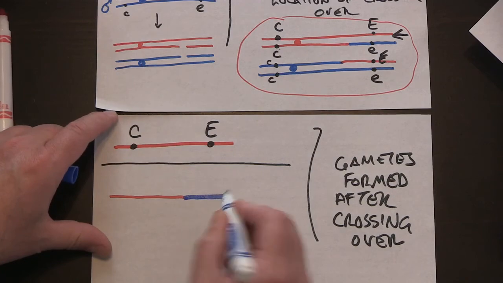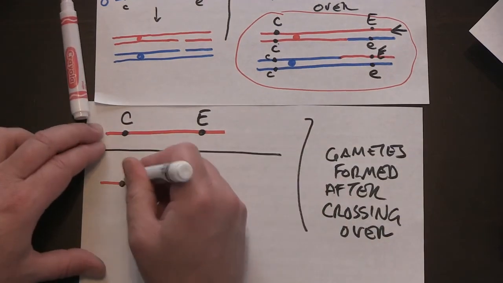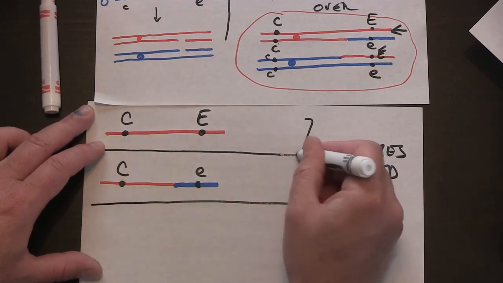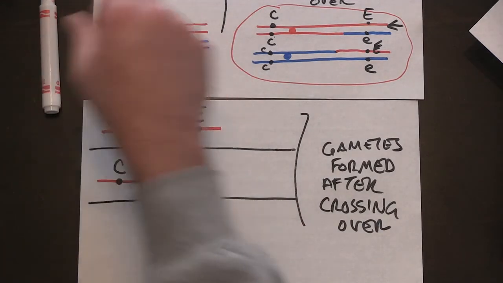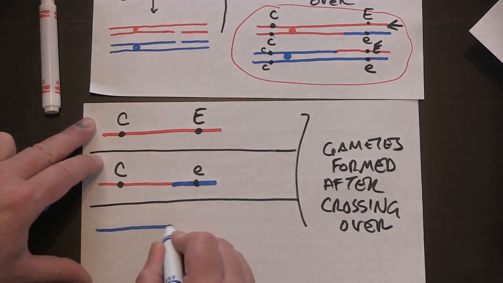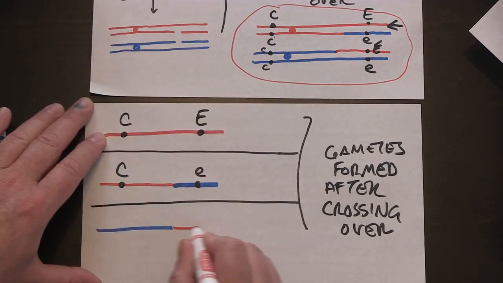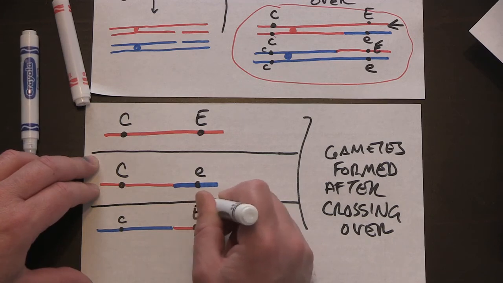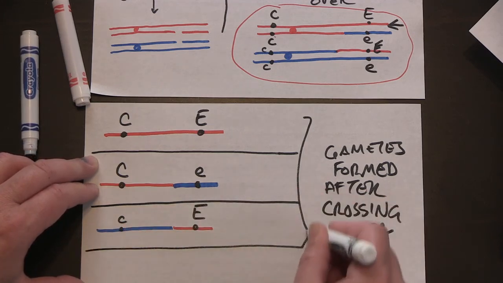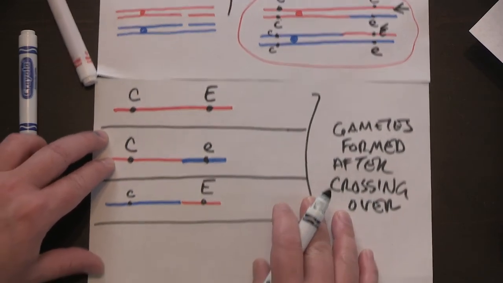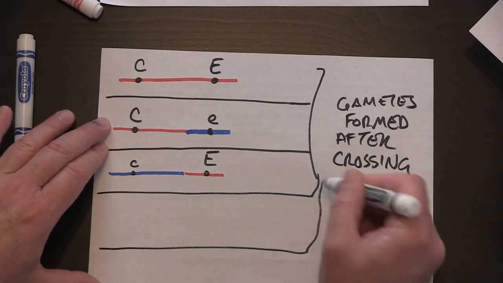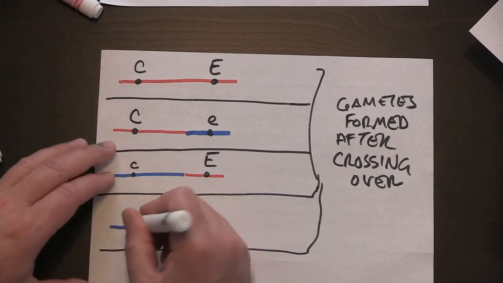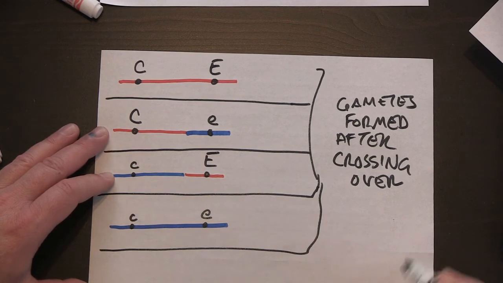It's going to have big C, little e. Another combination or possibility is going to be little c, big E. And then the last possibility is going to be little c, little e.